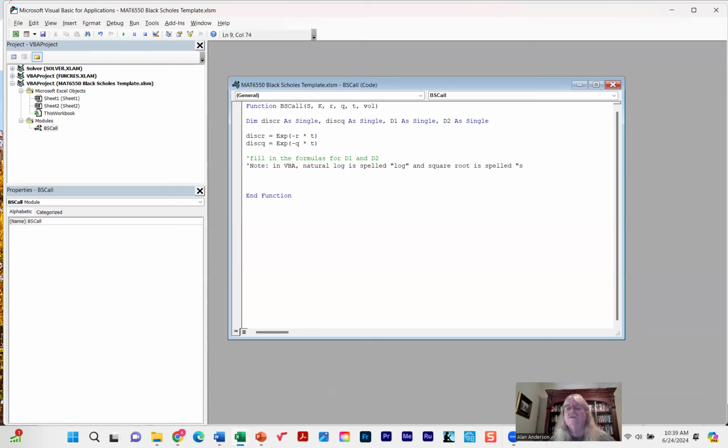Okay, these are two that are different. These are VBA functions. You must use these, not Excel's versions. So if you type ln it'll blow up and you'll say, what's going on here? We don't want that. Okay.